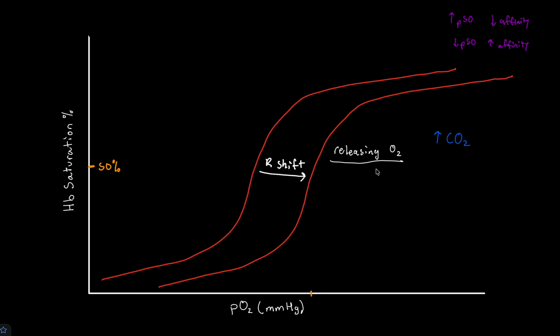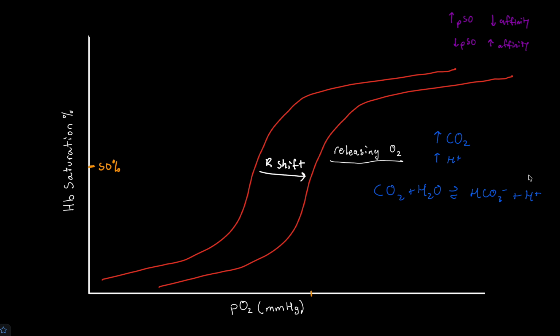And if we remember from our bicarbonate buffer system, it's actually one of the most important buffer systems we have in our entire body. And I'll do this, HCO3 minus plus H plus. We have our bicarbonate buffer system over here. And if we increase the amount of CO2, by Le Chatelier's principle, we need to increase the amount of hydrogens. So with an increased amount of CO2, we see an increased amount of hydrogens.